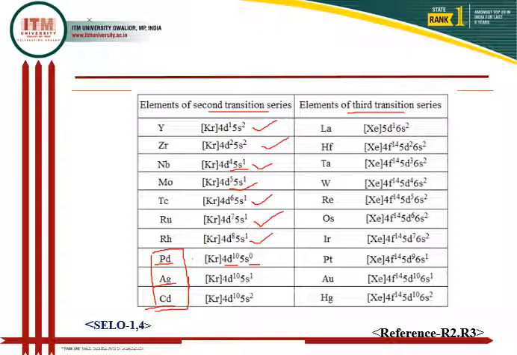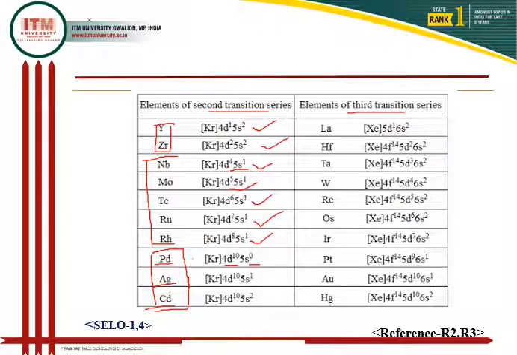And the rest, from niobium to rhodium, have the same outermost 5s1. This we can remember with points. From niobium to rhodium, we have the outermost electron 5s1, and it goes from 4d4 to 4d8. The proper regularity is there, 4d4 to 4d8. And the regularity in yttrium and zirconium is that they have 5s2 outermost electrons.